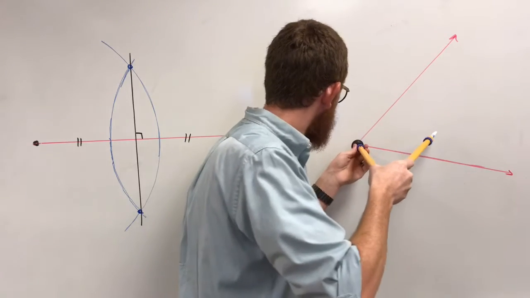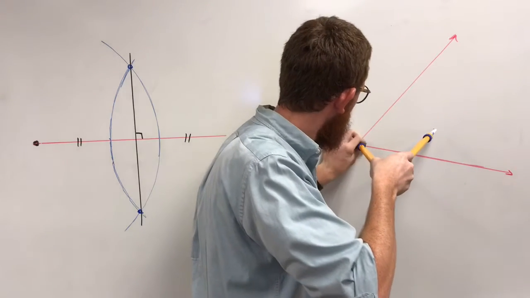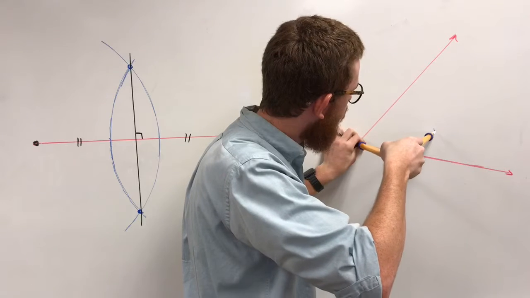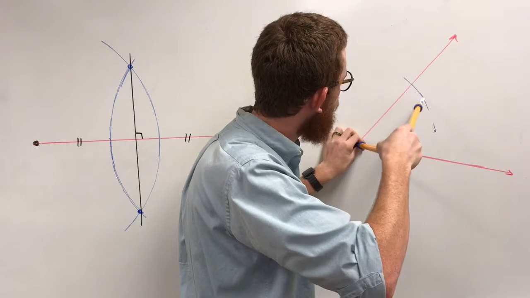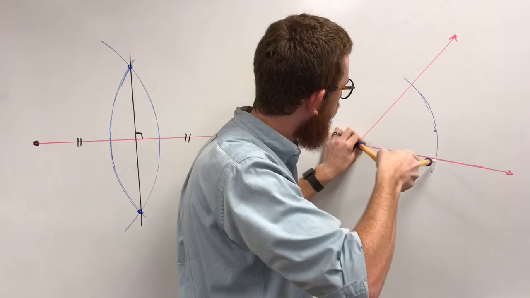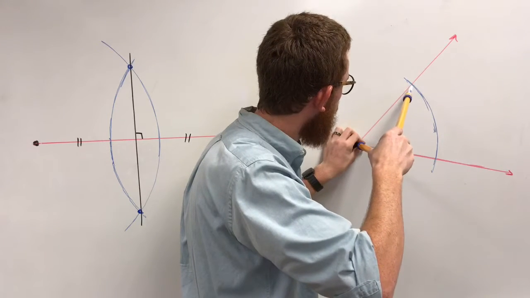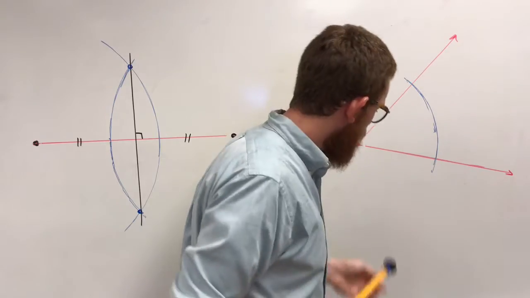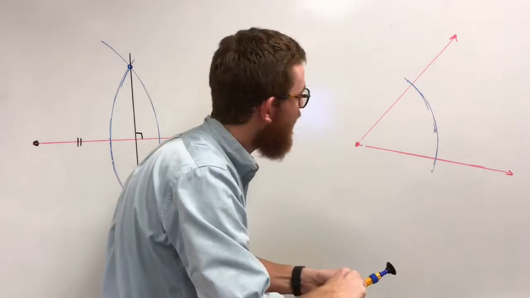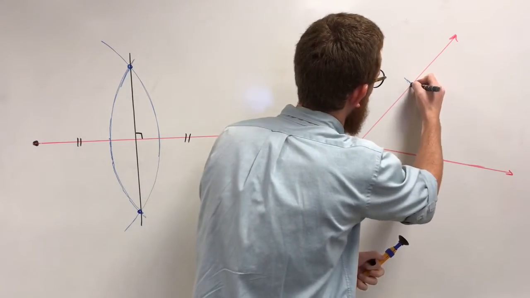You're going to want to put one side on that endpoint, make a sweep across your angle, as clean as you can, and where it intersects the angle is now very important to us.